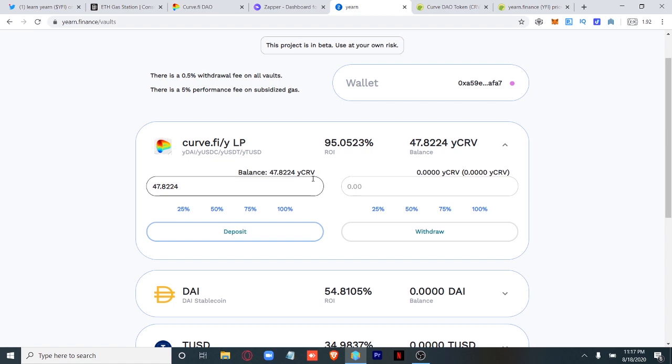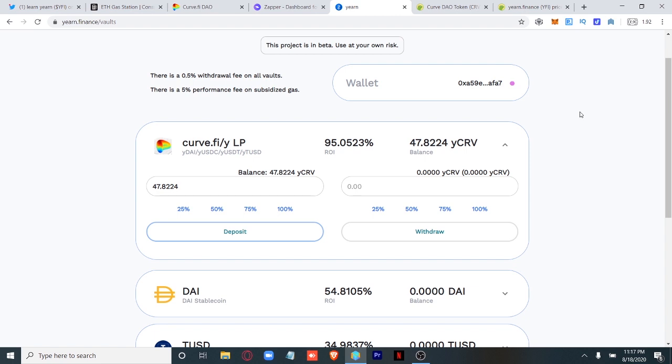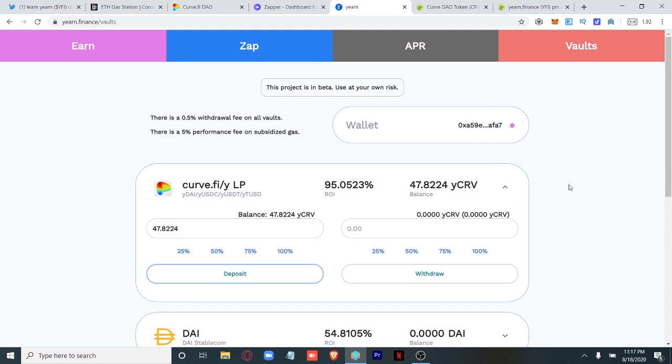Their product is amazing. Their token has been going crazy because of this, because they're coming out with really nice products in their protocol, and these are really unique products and really well thought out ones. So that's for the ones who want the most efficient way, who have liquidity already in the pool and want the most efficient way for earning curve tokens.